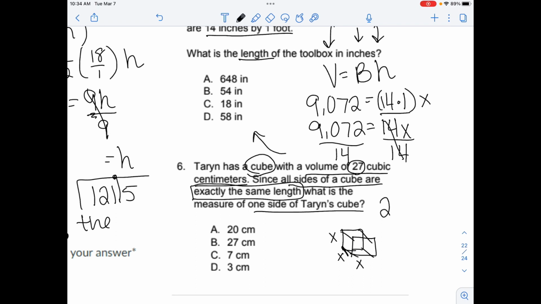So that means I'm going to have 27 equals capital B times H. Well, I have 3 of these, so what am I multiplying 3 times to equal 27 centimeters cubed? So let's try 20. If I have 20 times 20, that's already 400. That's way greater than 27, so we know A will not be my answer. All right, so you go and figure out the rest of your answers.